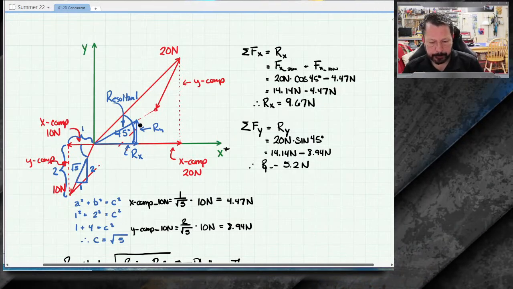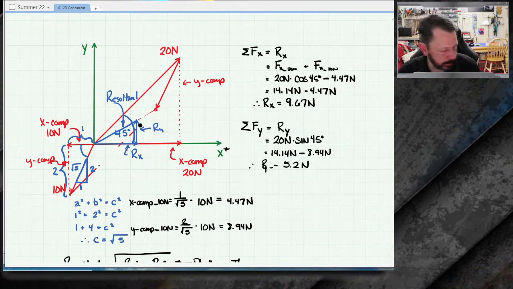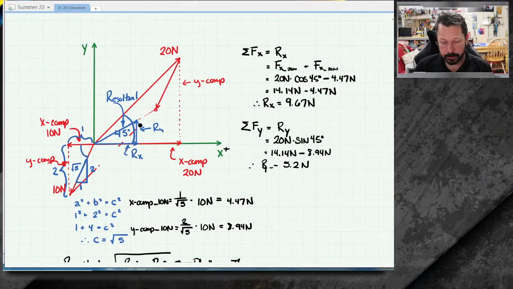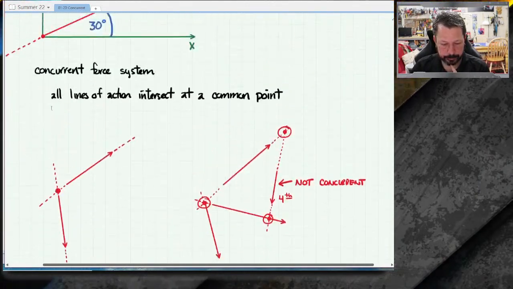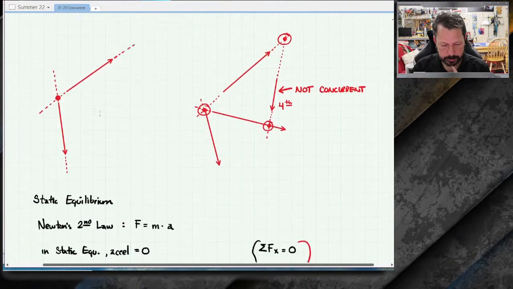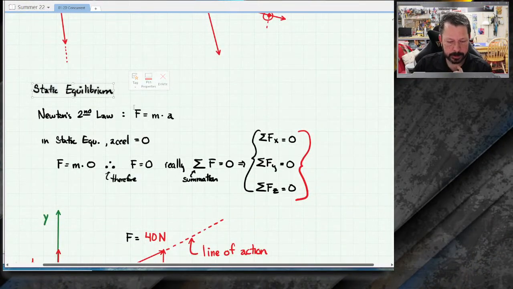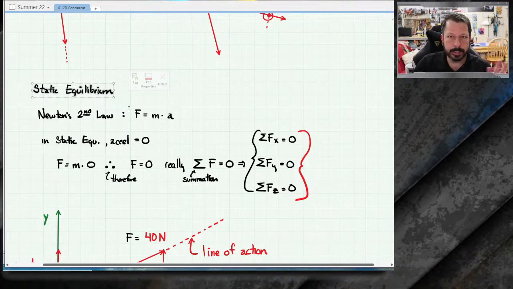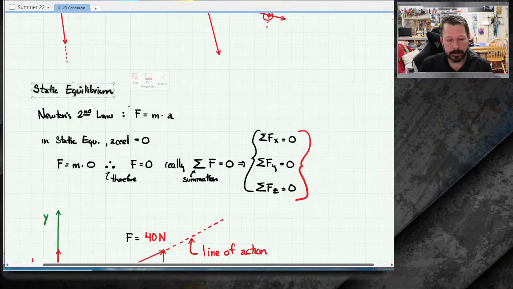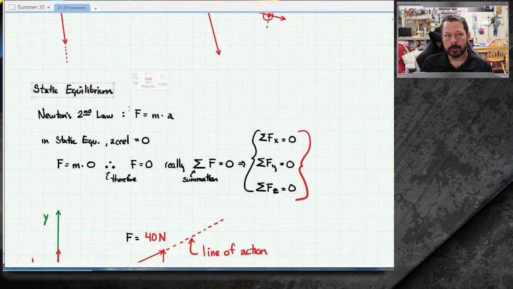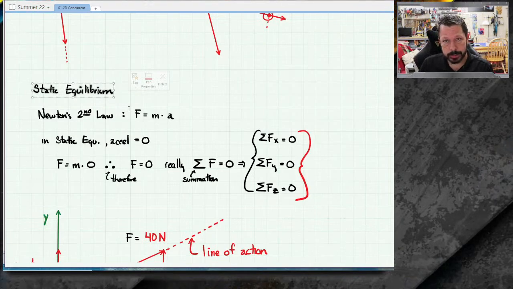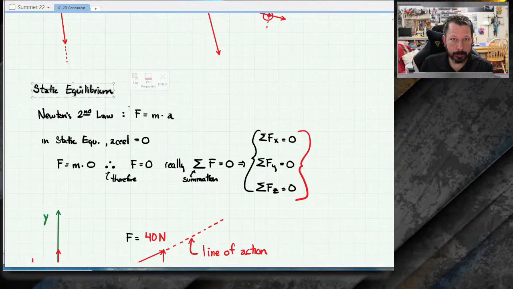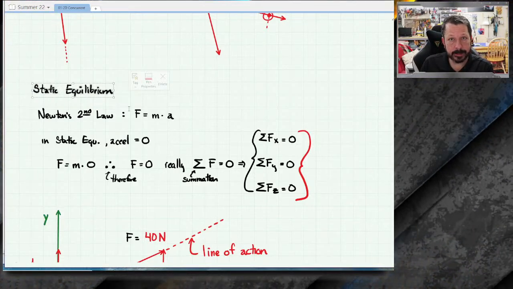All right, I think we have enough time to go into what if we want to do static equilibrium. That is a special case of what we just did. What we just did was generically adding two forces together. But we might want to take that same idea of adding two forces together, but impose the extra constraint that this body, whatever it is we're looking at, is in static equilibrium.